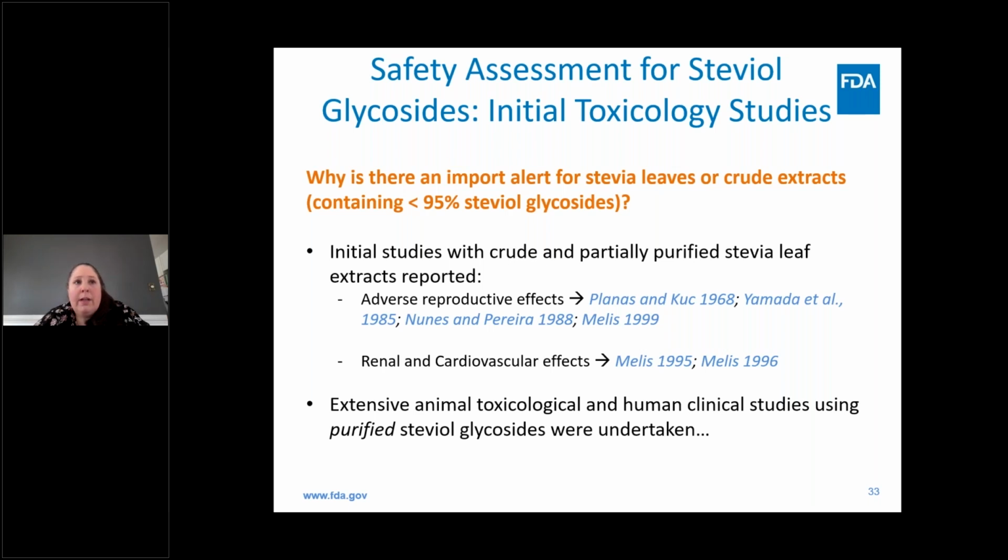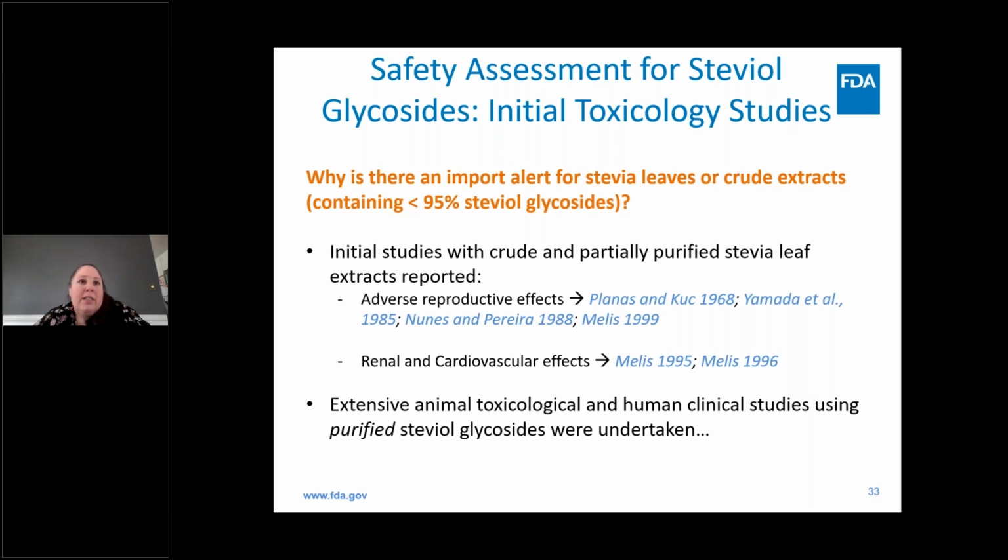So to be more specific, we actually do have toxicology studies done with crude or partially purified stevia extracts. And they've unfortunately reported a number of adverse effects, including decreased fertility, as well as renal and cardiovascular effects, such as increased urine output, sodium excretion, and lower blood pressure.